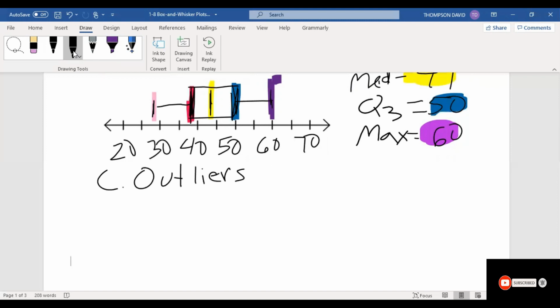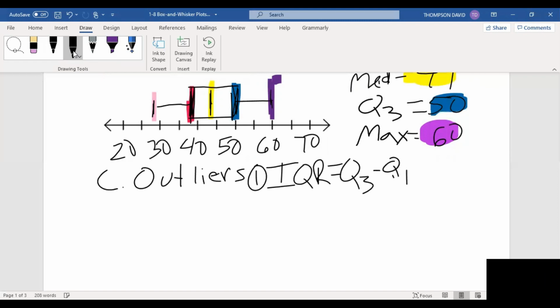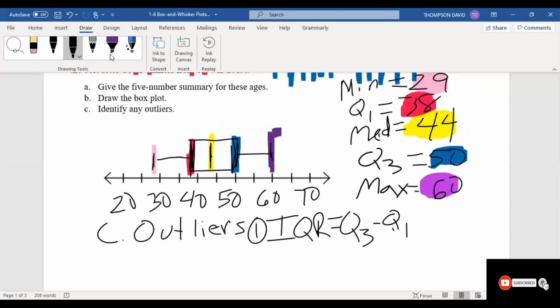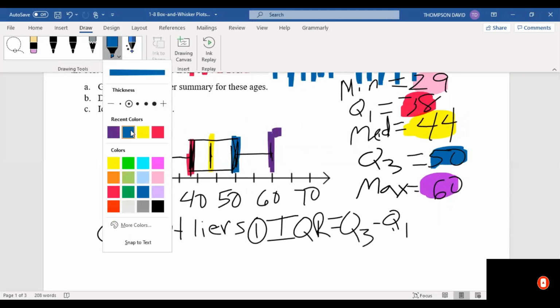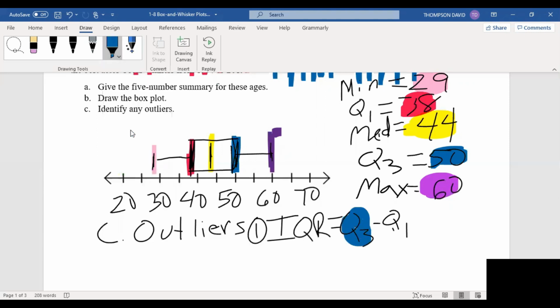So first step is find the IQR. That is found by just taking quartile 3, subtracting quartile 1. Remember, quartile 3 was blue, and quartile 1 was red.